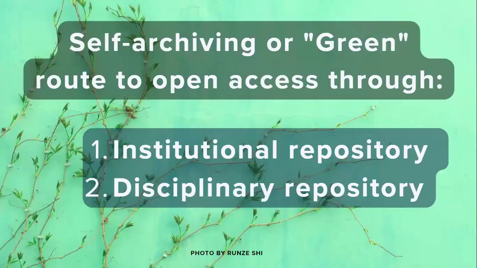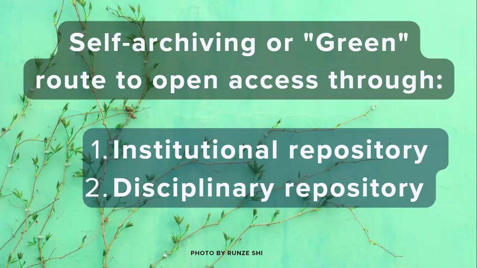When you talk about the green route to open access or self-archiving, you're actually talking about institutional or disciplinary repositories. And this is where a researcher uploads or deposits, this is the word in this world. Uploading is called depositing in the repositories world.